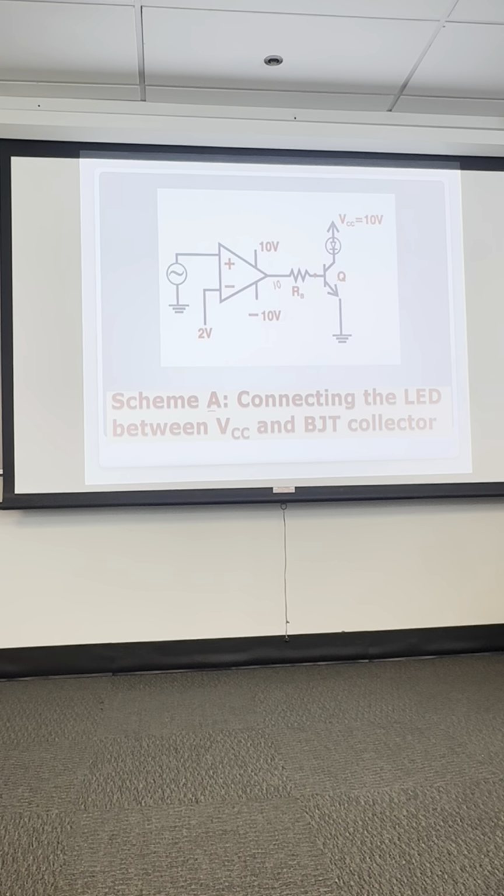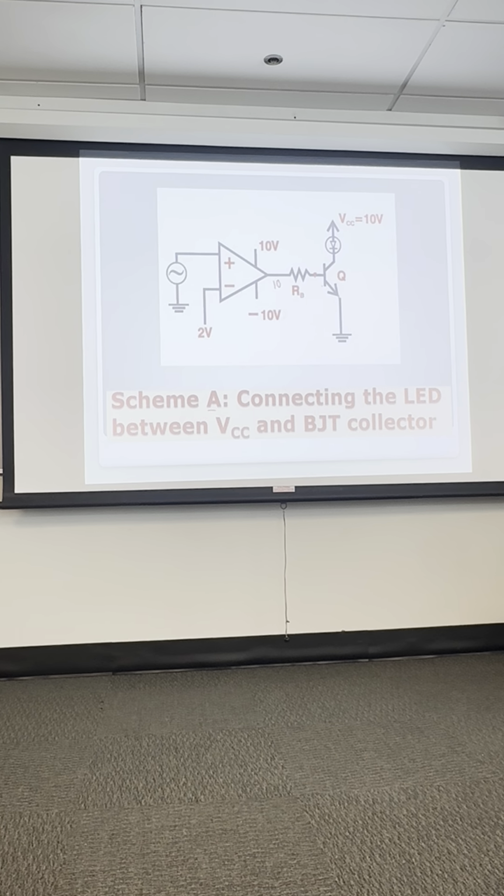Notice the emitter is grounded, 0. So it's a PN junction. What voltage do we need to turn this PN junction on? 0.7. So we need 0.7 volts here.